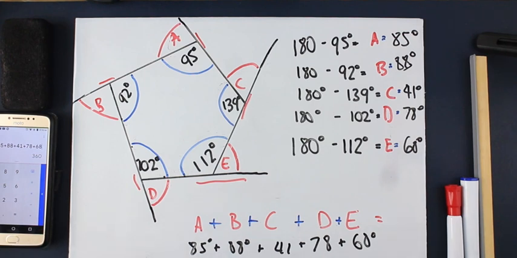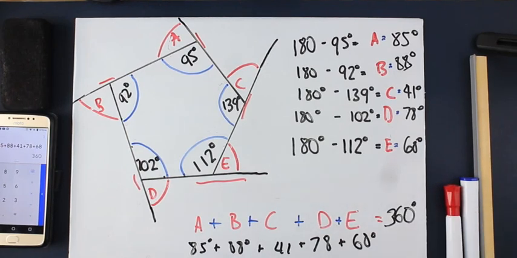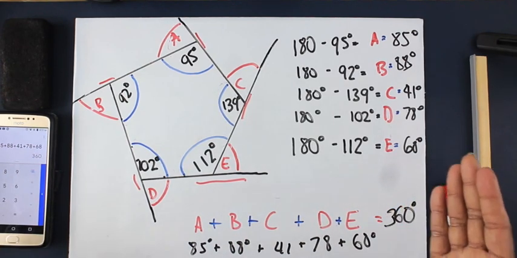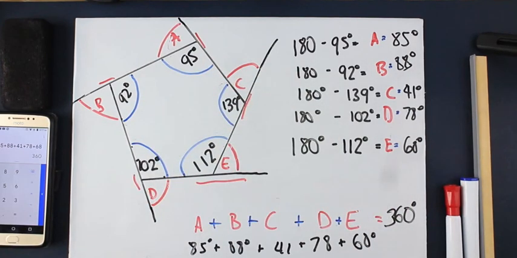Yes. Okay. What does that equal? That equals 360 degrees. So what we're saying right now is the sum of all of these external angles around this polygon is 360 degrees. That's very interesting, isn't it?